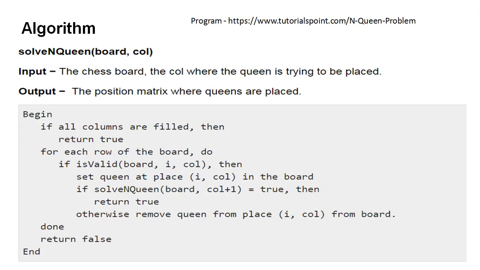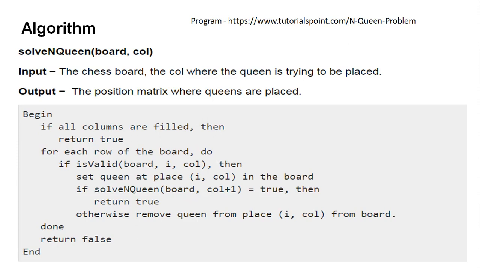So now here we begin, and if all the columns are filled, then return a true. First thing we'll check is whether all the columns are filled or not, because the chess board size is n by n, and in every column we have to place one queen, right? So if the size is 8 by 8, we have to place 8 queens, one in every column.